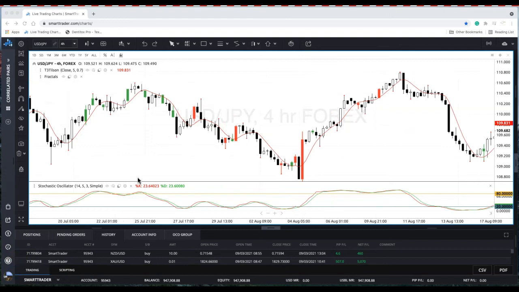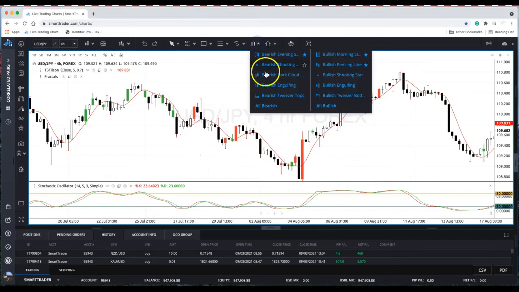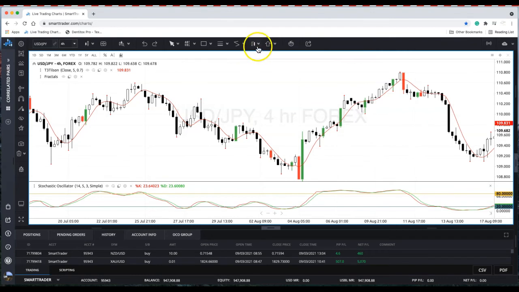So here's another trade setup on a 4-hour chart on USD yen. Notice this candle here, and I need to reset the candlestick patterns. When you switch time frames, you always have to reset the candlesticks. So there's a bullish piercing line, and why did price come all the way down to here and then turn around and go north?